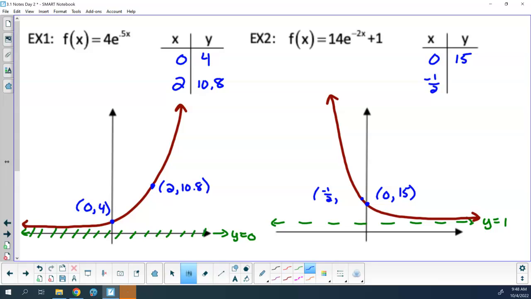Okay? Which is close to 3, right? 3 times 14 is 42. 42 plus 1 is 43.